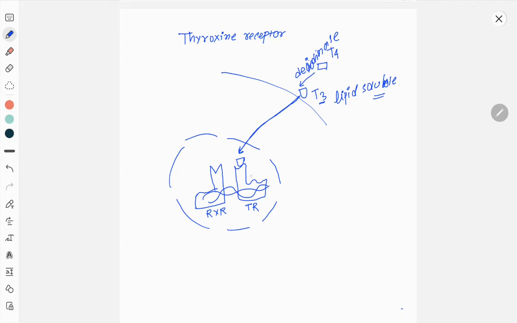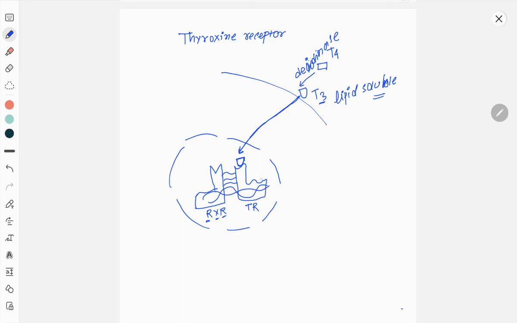After going inside the nucleus, this will attach with the thyroxine receptor which is present inside the nucleus, and this thyroxine receptor will form a heterodimer with the retinoid X receptor. This is nothing but a vitamin D dependent receptor.